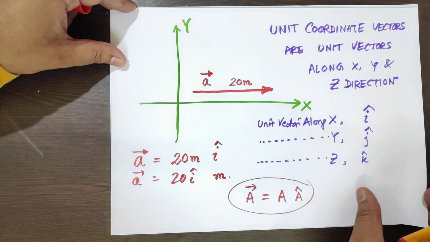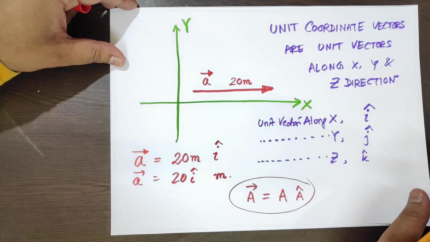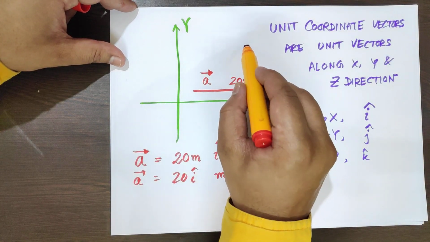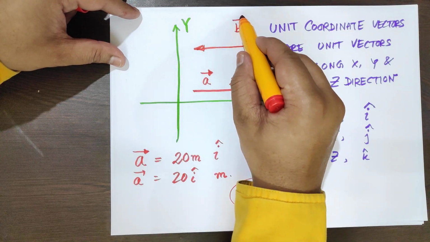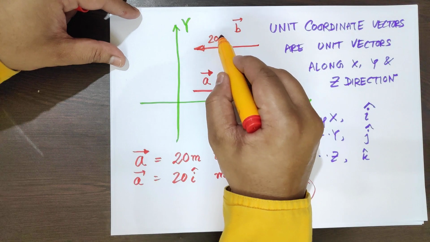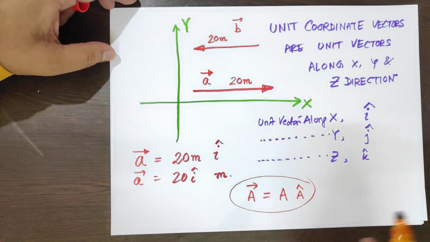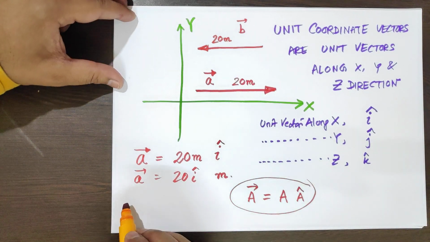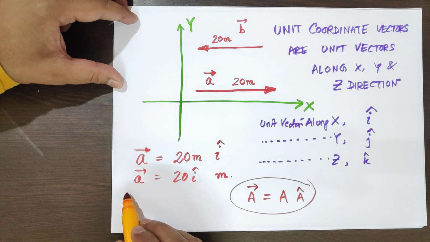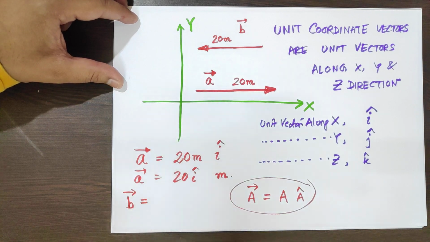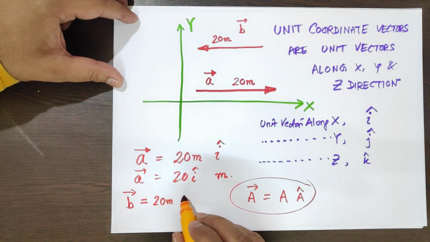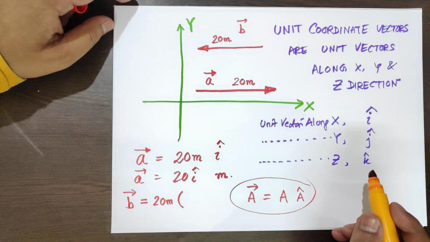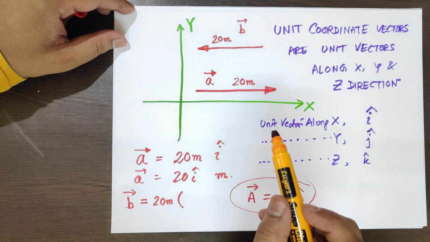Okay. Now suppose you have a vector here, that's a vector B. Now this happens to be 20 meter. So how will you express B as a vector? See, B as a vector, its magnitude is 20 meter and the unit vector in this direction.